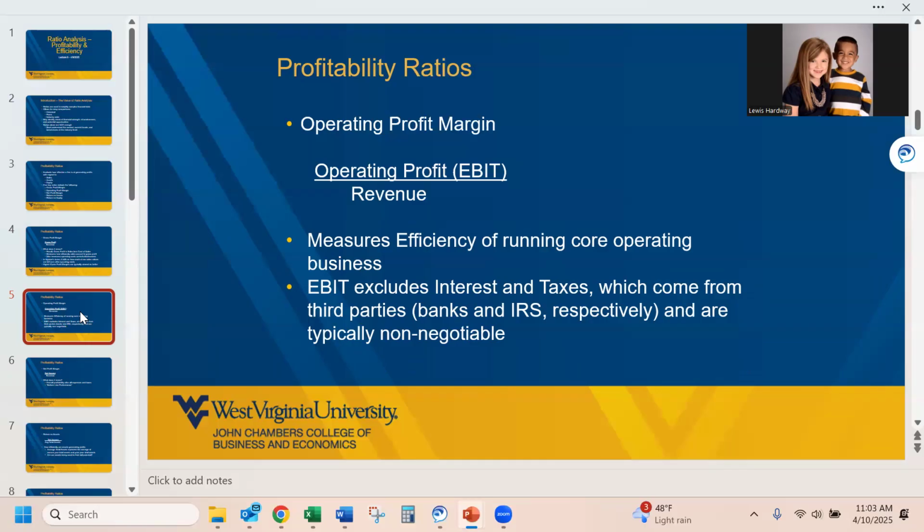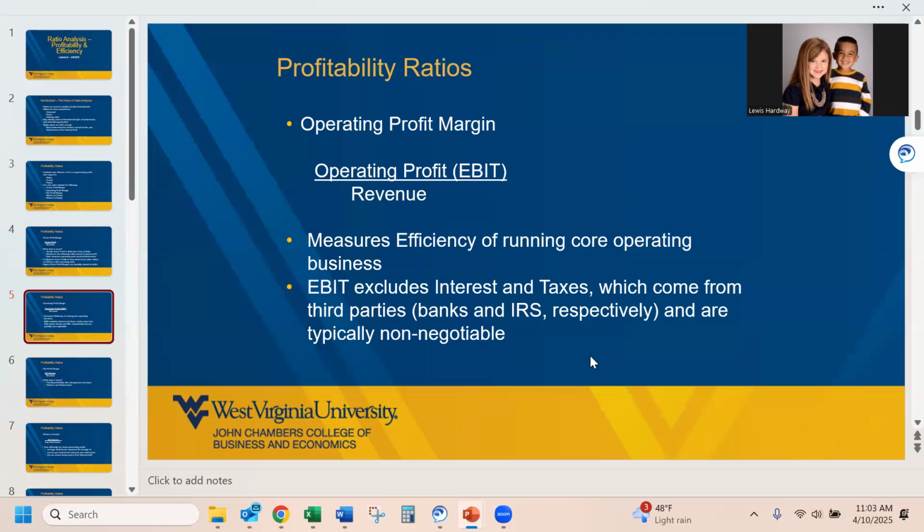It excludes interest and taxes in large part because those are non-negotiable. They're based on rates that are set, either related to the debt or set by the IRS.